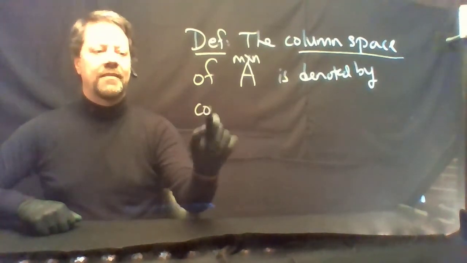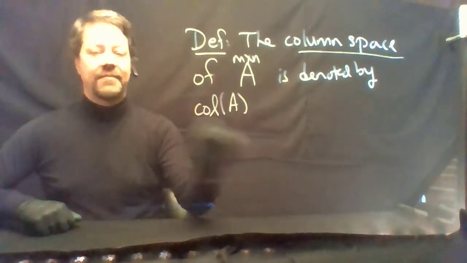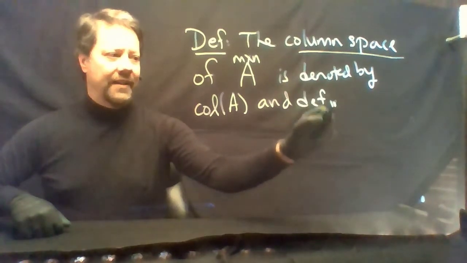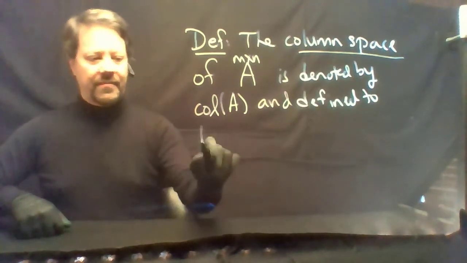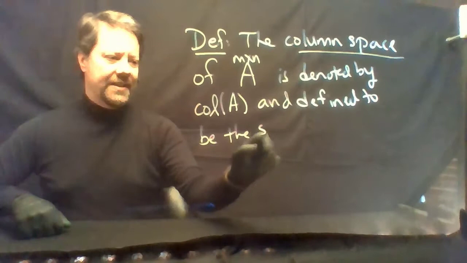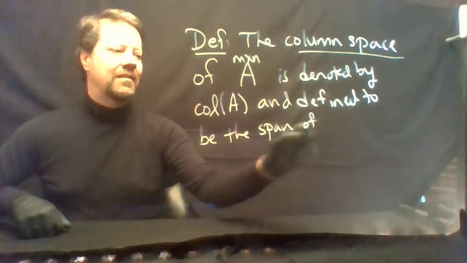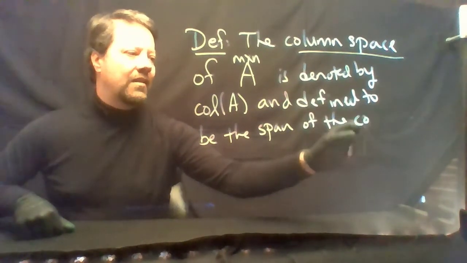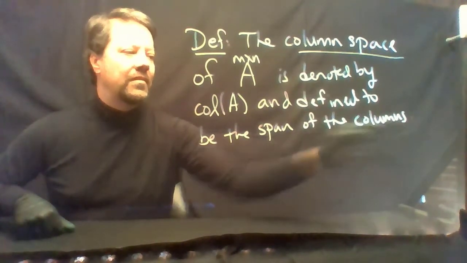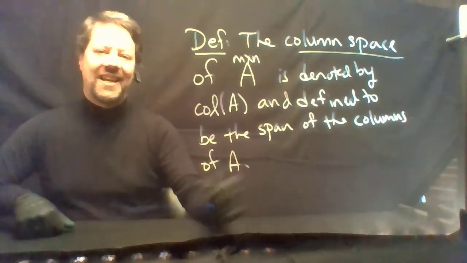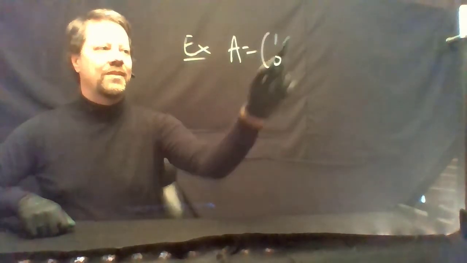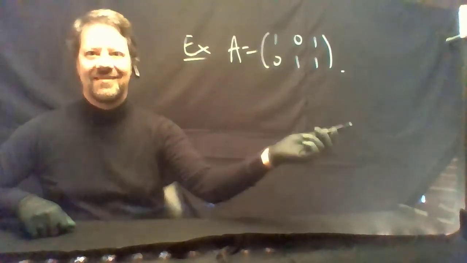It's denoted by the column space of A and defined to be the span, the set of all linear combinations of the columns of the matrix A. For example, suppose my matrix A is 1, 0, 0, 1, 1, 1.